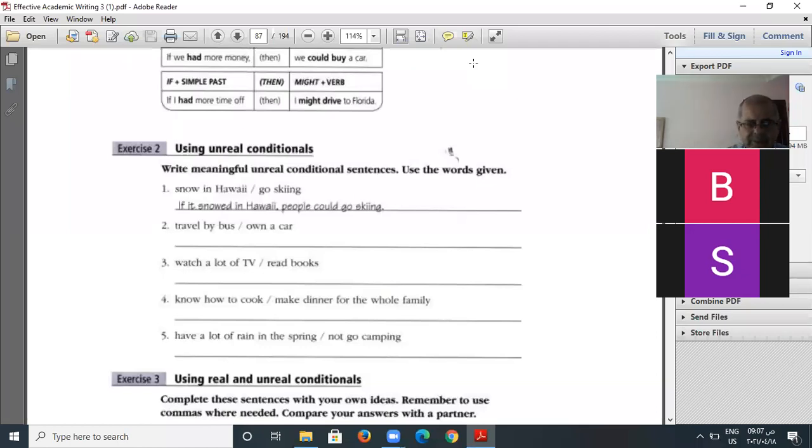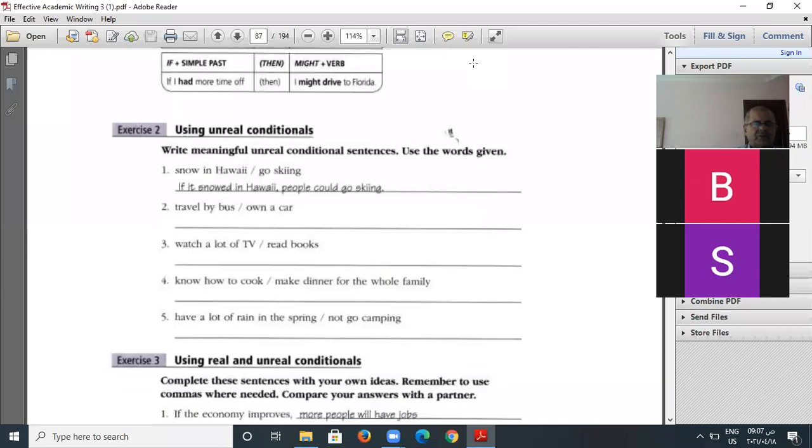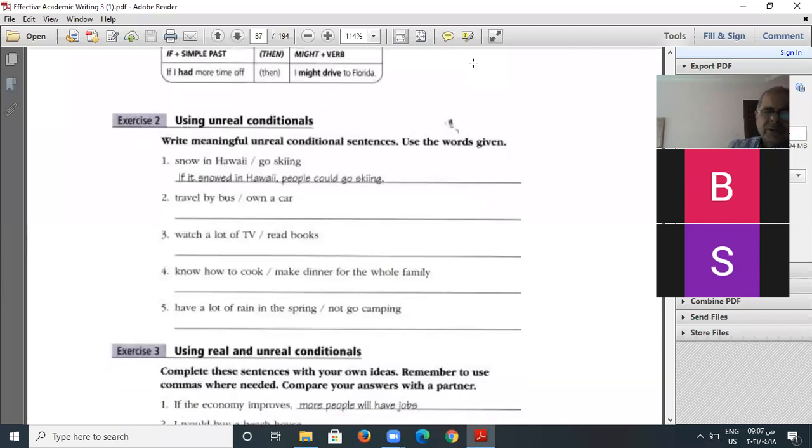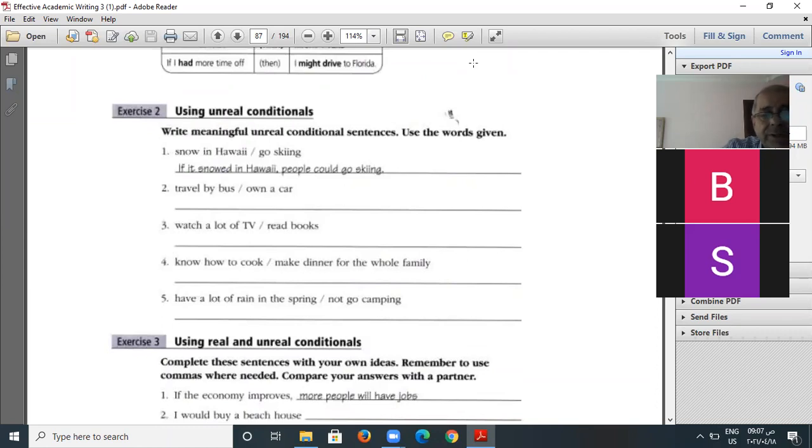In the sentences in this exercise 2 we make unreal conditionals. So what is the difference between real and unreal conditionals? With real conditionals, what do we use in the if clause? Simple present. And in the main clause?